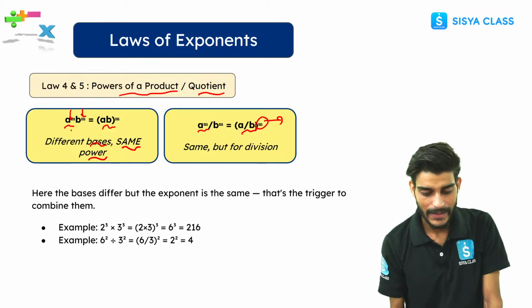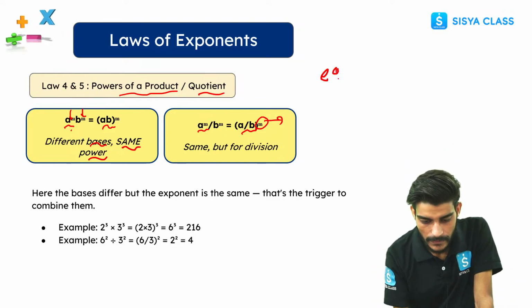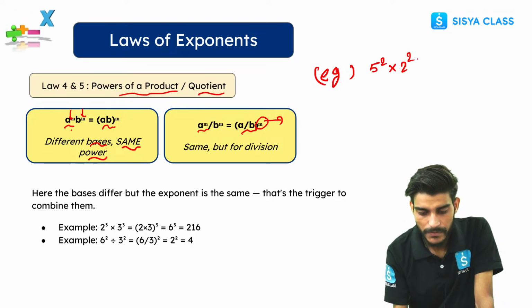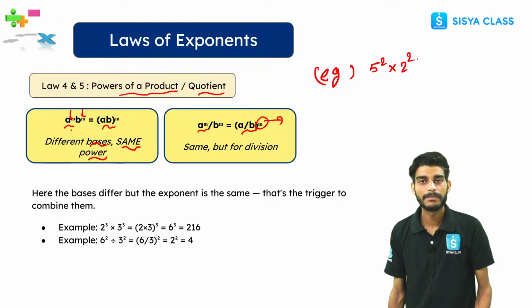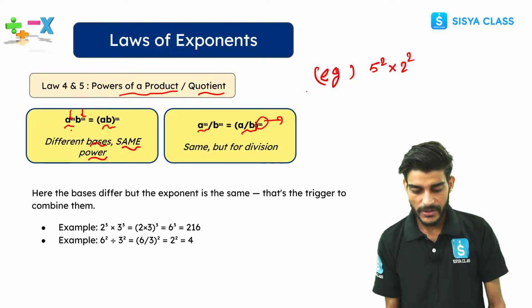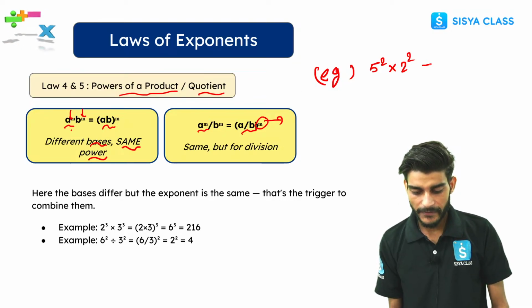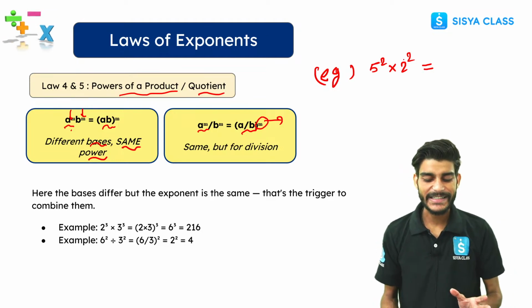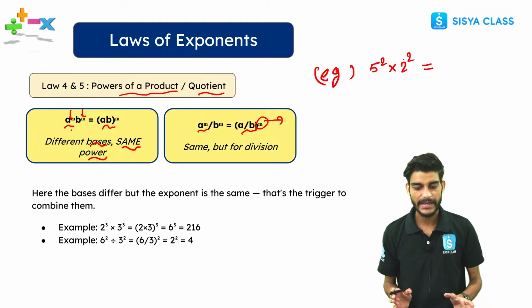Simple. For example, if we have 5 raised to the power 2 into 2 raised to the power 2. Let's observe this. Firstly, let's multiply 5 into 2 and check whether the answers coming are the same or not.